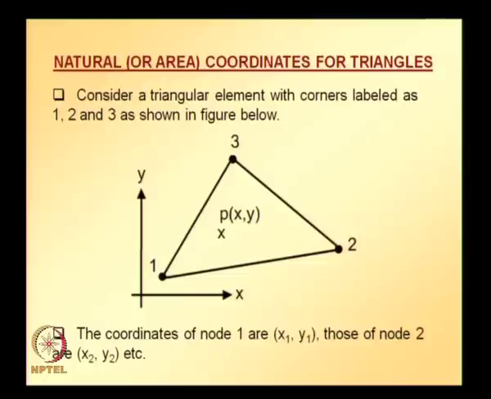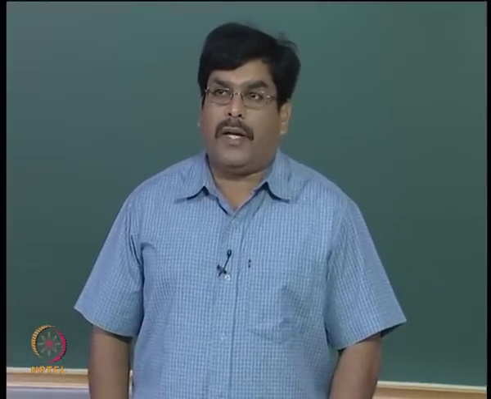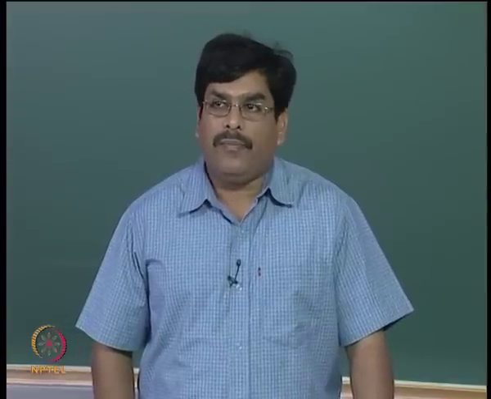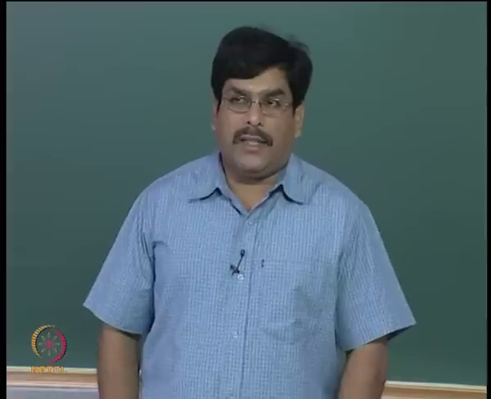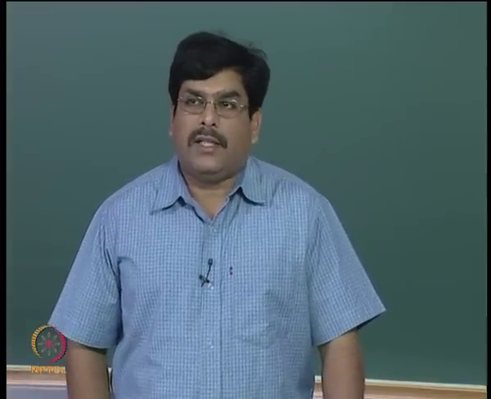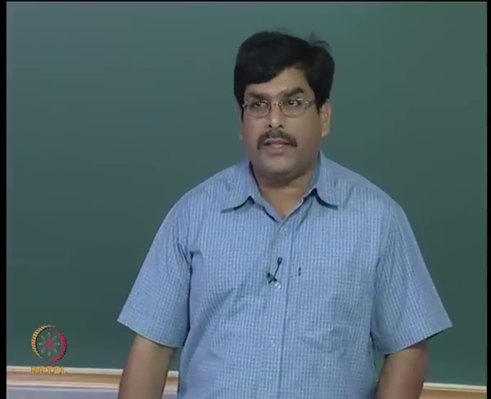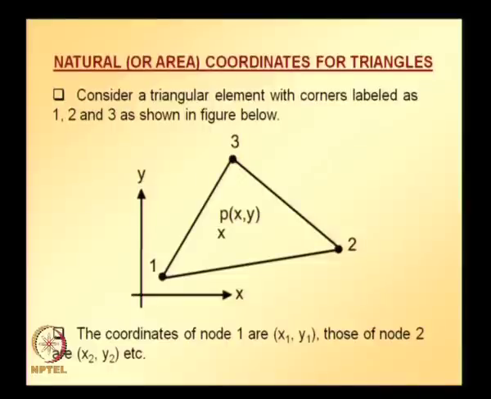If you take any point, this point need not be inside the triangle, it can even be on the boundaries of the triangle. So, you can easily verify that area opposite each of these nodes is going to be unique for any point inside or on the boundary of the triangle. So, based on that we define what are called area coordinates.